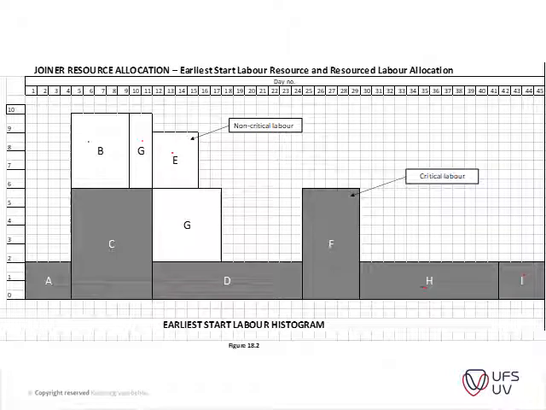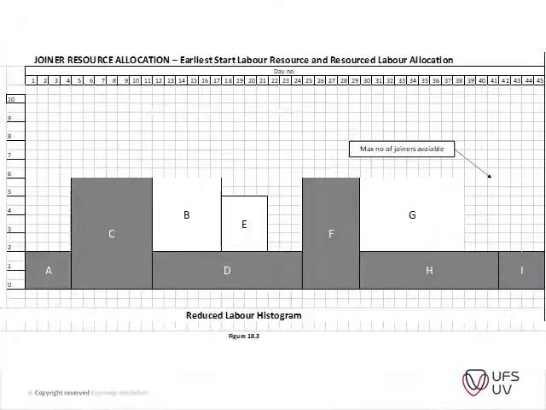If the project completion date is not to be extended, the solution is to level the labor demand according to the joiners available, like I said. This is shown in figure 18.3, which also indicates improved continuity of work by the joiners. Items B, E, and G are drawn out over this section.